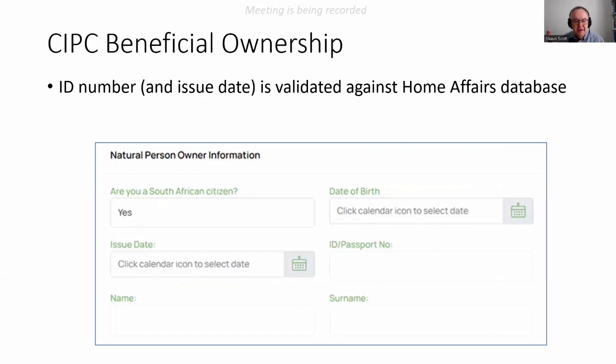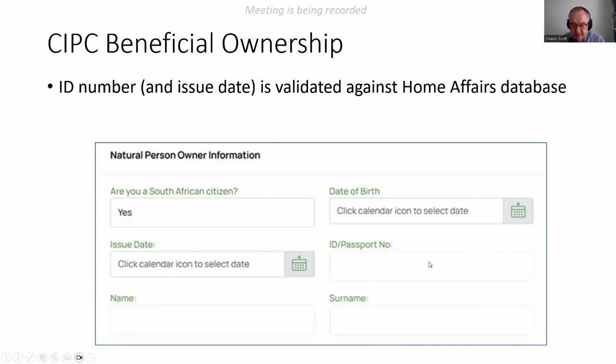When they go in, they start to capture the ownership information. They're supposed to put in all the natural persons' information, as well as the ID and passport information, which, and I've personally checked this, is validated against the Home Affairs database.